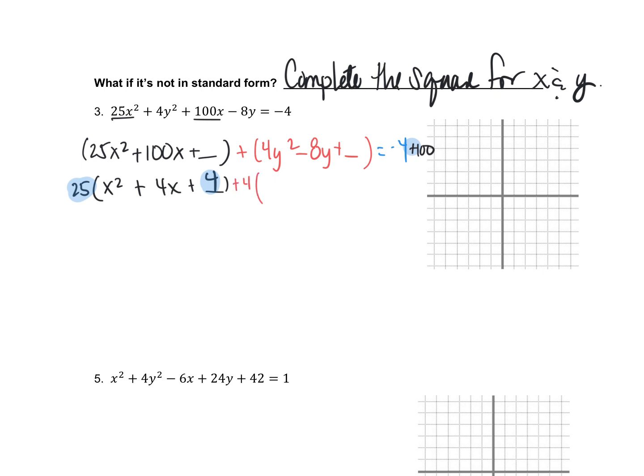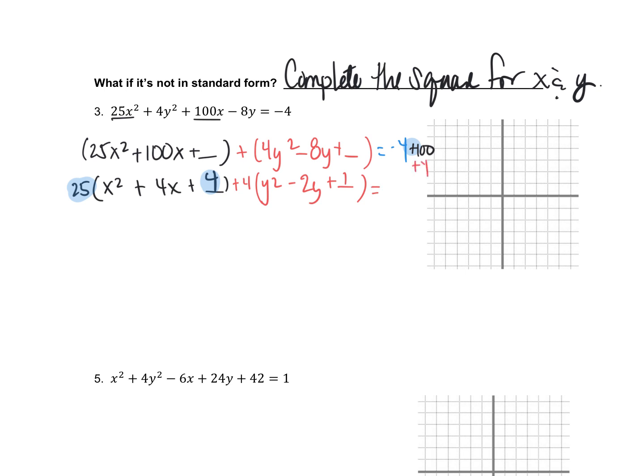Okay. And then now we have to factor out a 4. So we get y squared minus 4y, 2y. Plus, and now if I complete the square over here, I'm going to have a 1, but 1 times 4, I'm going to add a 4 and put underneath here.